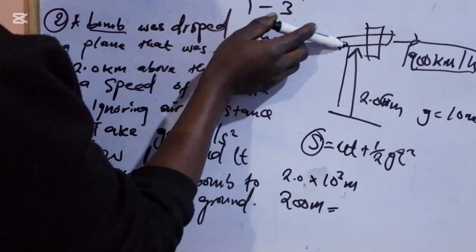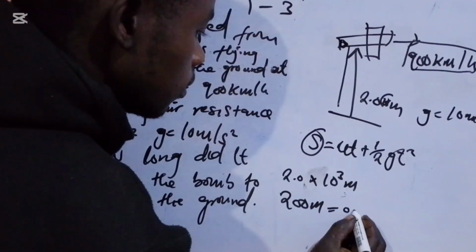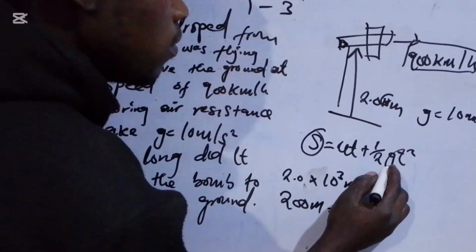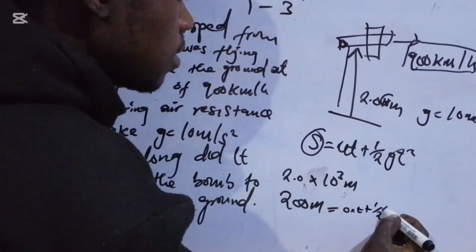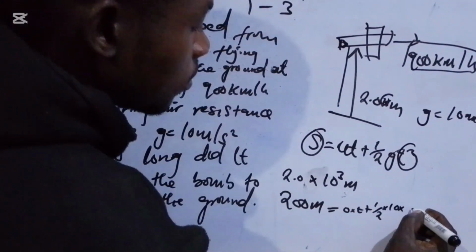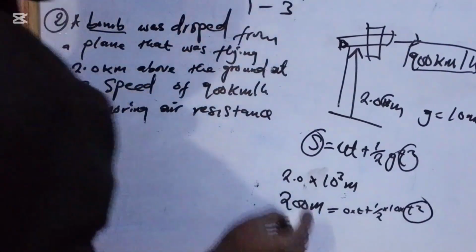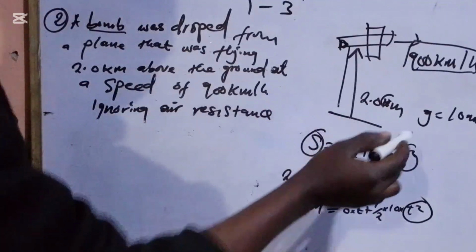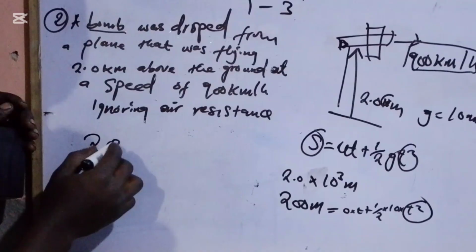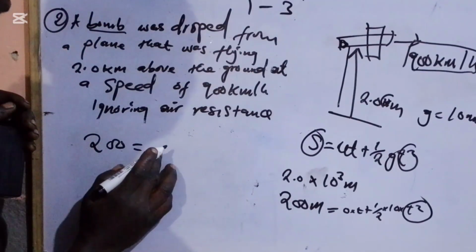So here we have 2000 meters, which will be equal to the bomb's initial velocity, which is 0, times t, plus half of gravity. We are told it is 10, so half times 10, times time squared, t squared. Time is how long it took for this bomb to strike the ground. So 200 should be equal to half of 10, which is 5.